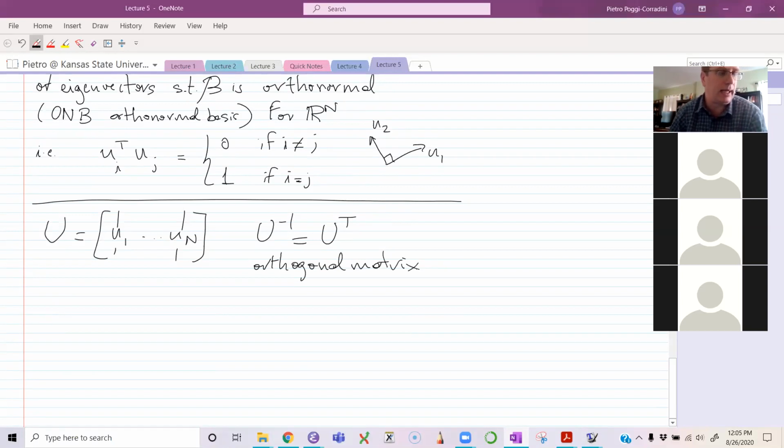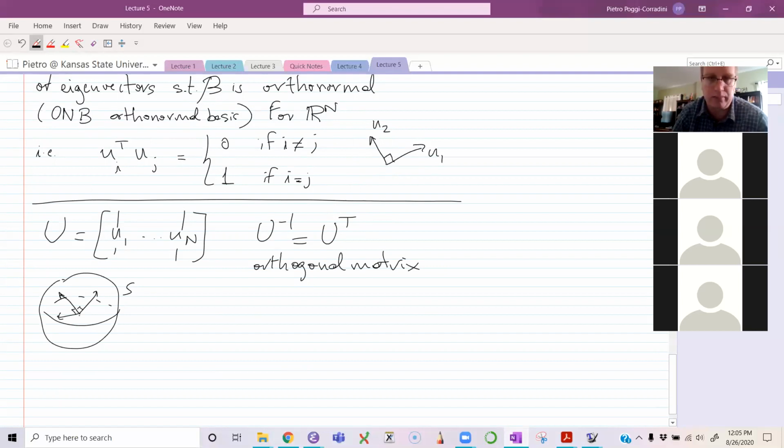And so the same change of variable, you want to imagine this as the unit sphere in Rn, and then you've got this orthonormal basis here.